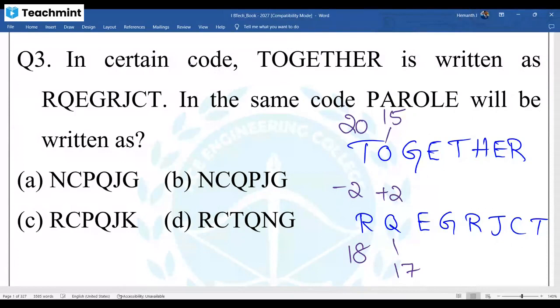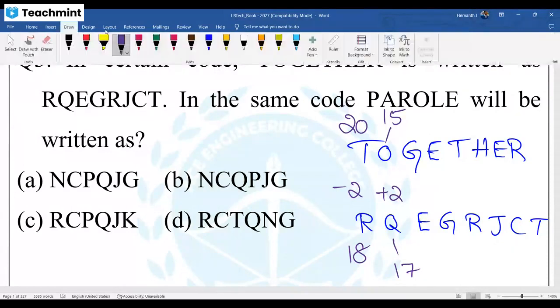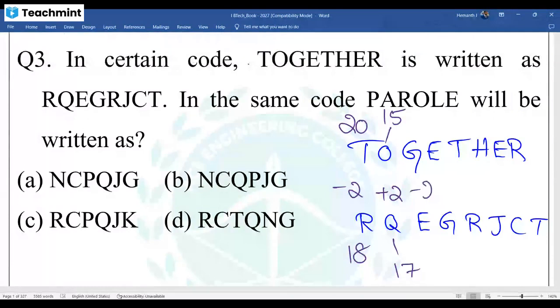No need of referring always. If you are not aware from the previous session discussion, fine, or else try to recall. Then whenever a new question is given, your mind will think about the logic as you already know the value of that. So -2 +2, -2 +2, if you apply the same thing for PARole, then you will get the answer option A. Check it out once.